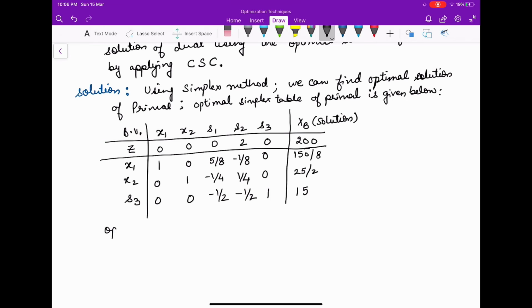So from here you can read the optimal solution. What is the optimal solution of the primal?